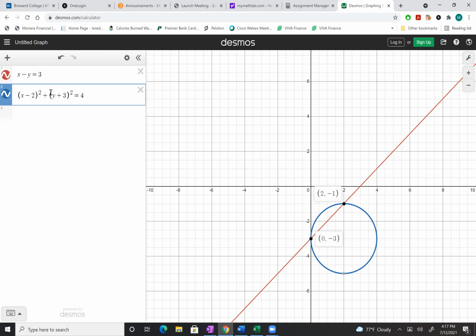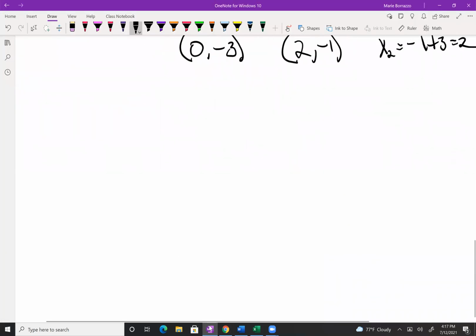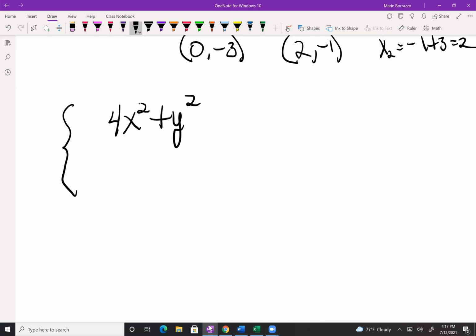Yep. All right. So the next example, same thing again. We're still solving a nonlinear system. In this case, we have 4x squared plus y squared equals 13, and I have x squared plus y squared equals 10. So basically two equations again. These could be related to any type of application.